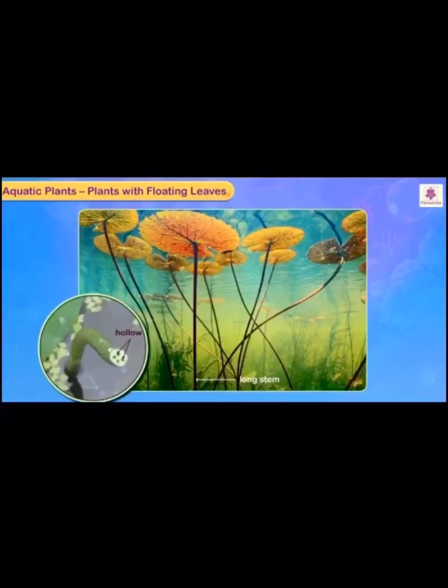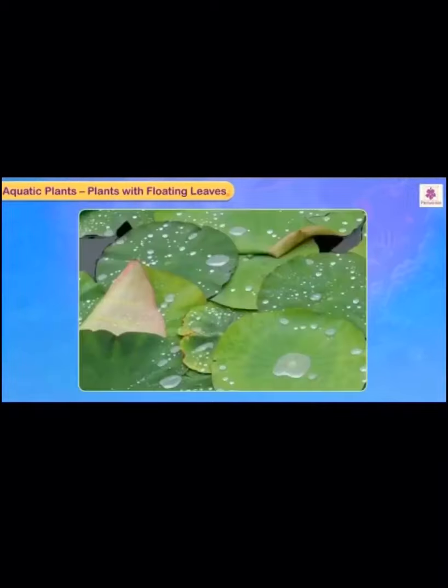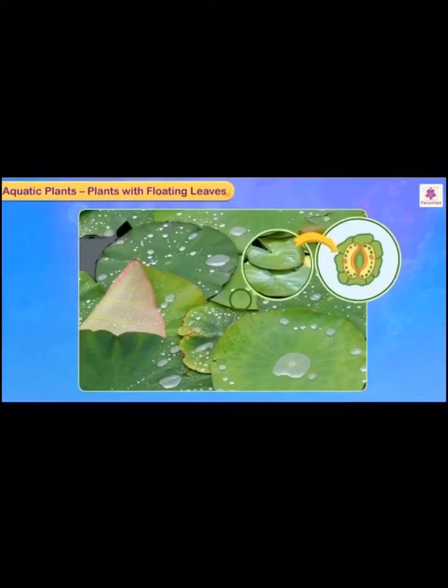These are hollow and light, which helps their leaves and flowers to remain above water. Their leaves have a waxy coating on the upper surface, which prevents the collection of water. The stomata are present on the upper surface of their leaves.